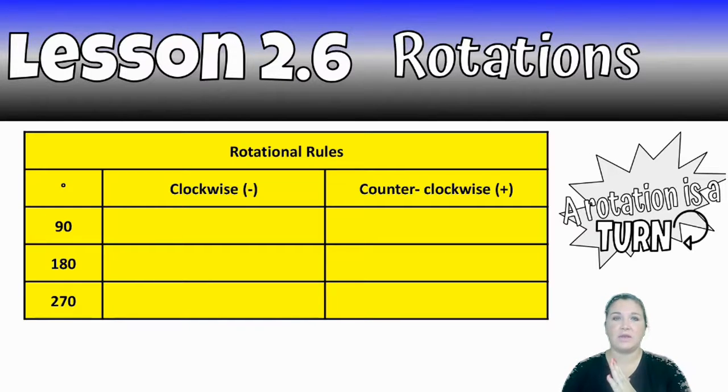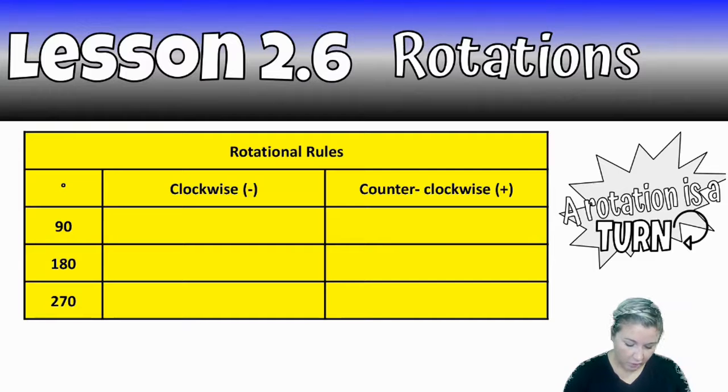If you remember that the quadrants are labeled going to the left, that's probably going to help you remember that positive is to the left, negative is to the right. So if we rotate a figure 90 degrees clockwise, that's negative 90.